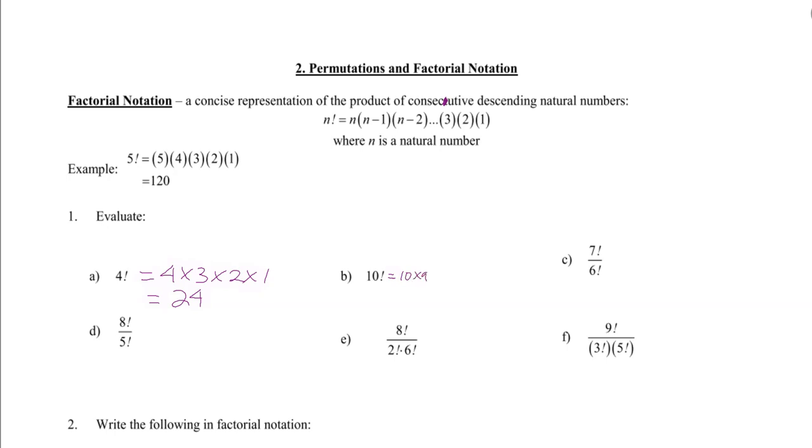10 factorial: 10 times 9 times 8, 7, 5, 4, 3, 1. Oops, somebody want to work that out? What do we got?